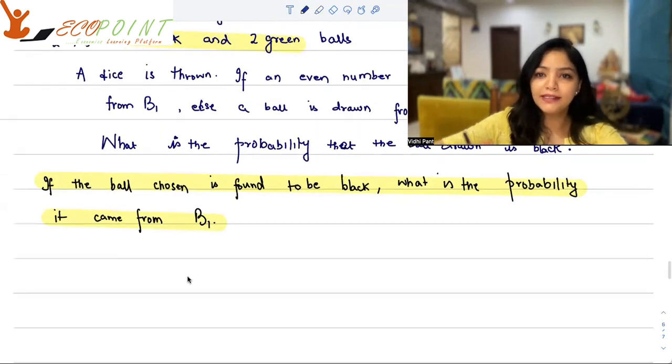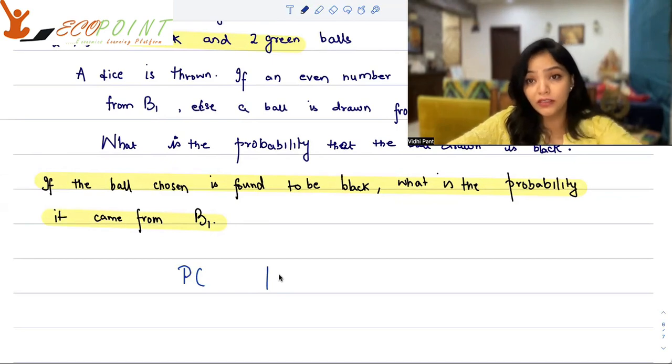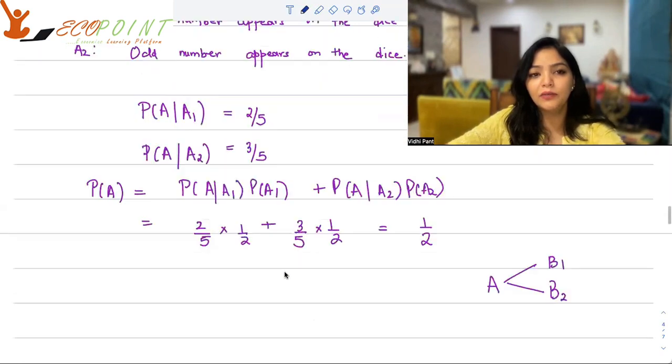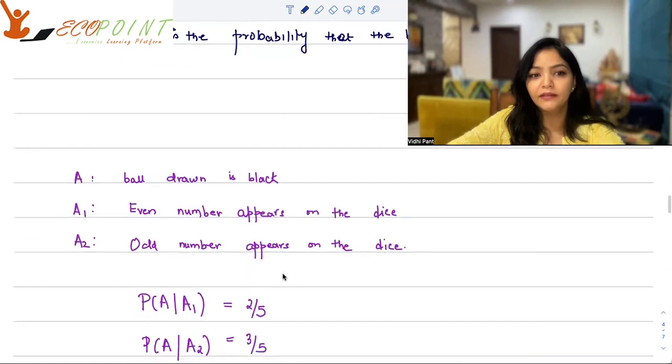How would we actually work in this question? Well, clearly something has already happened, so what we have to figure out is a conditional probability. What has already happened is that the ball is black. Given that the ball chosen turned out to be black, A was the event, remember? A is the event that the ball is black.